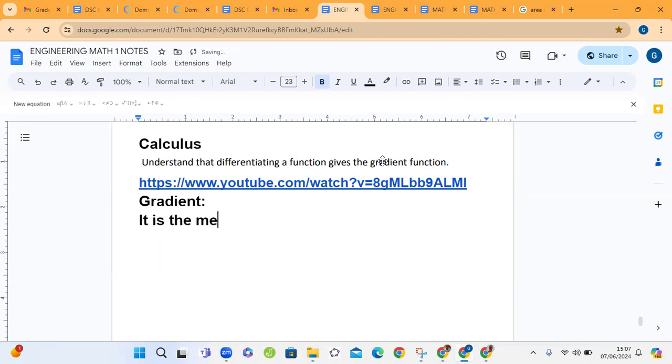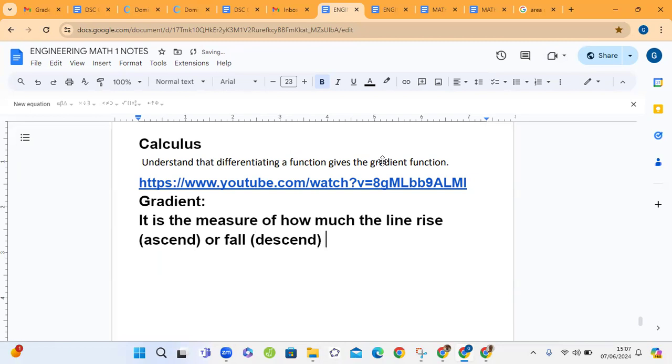It is the measure of how much the line rises or ascends, or falls, descends, with respect to one unit change in the x direction.